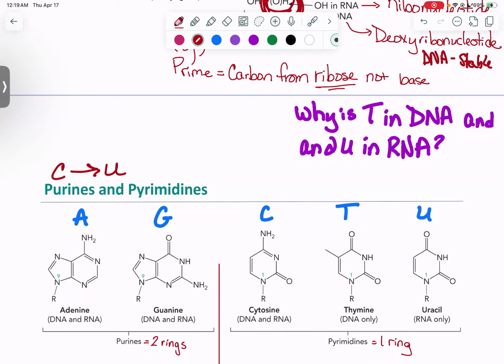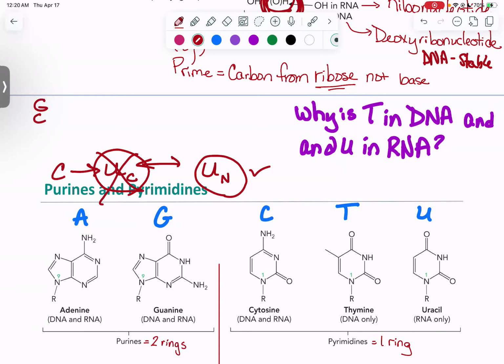So if we have a C that gets mutated to a U, and I also have a normal U, how is the cell going to tell the difference between the two? How is the cell going to know this one should be there and this one shouldn't? It can't tell the difference. So if I start out with something that's a GC pair, right?